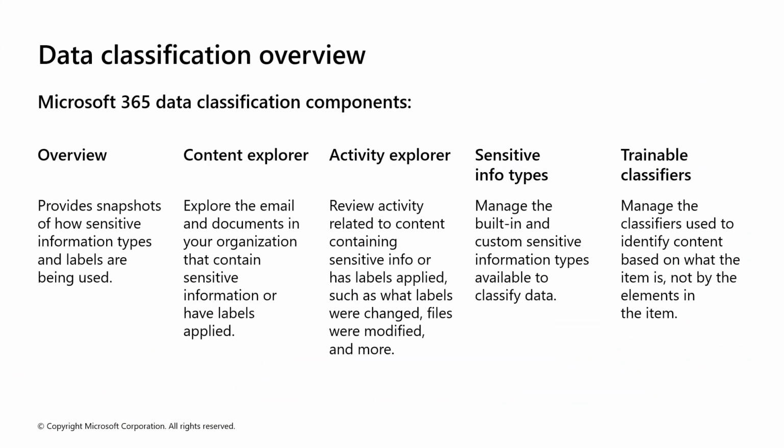The data estate can be vast in an organization that covers everything from on-premises, within Azure, or other clouds. And so we want to be able to classify data by, first of all, understanding what data is and where it lives.